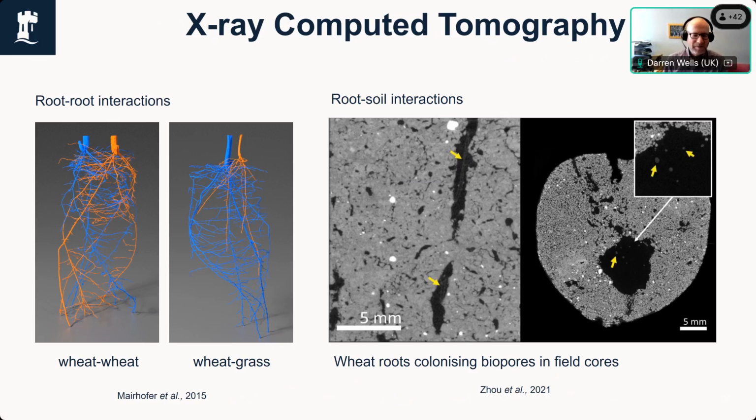And that, of course, has an impact when you're inferring things like root shape and root distribution in space, because if that's dictated by the biopores, it's not finding its own angle. It's going to take the path of least resistance. So it's always important to phenotype your substrate at the same time. You don't see this in the 2D systems or the artificial systems, but you will see them in the real system.